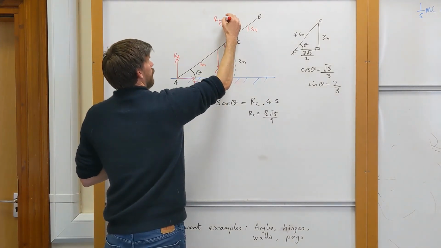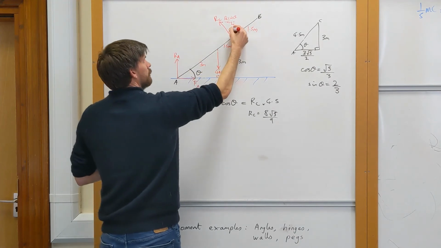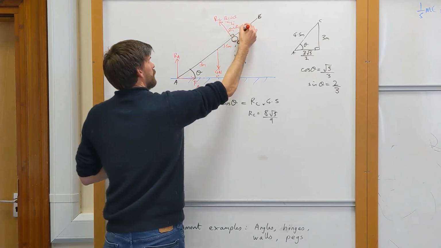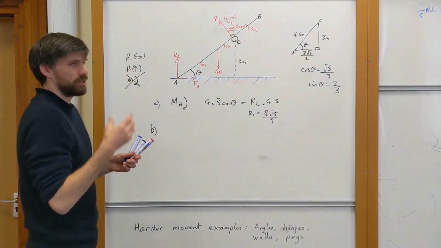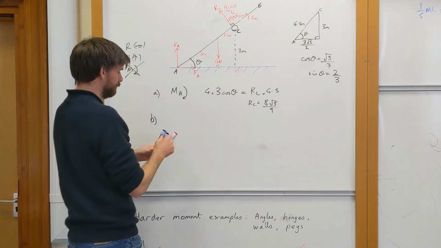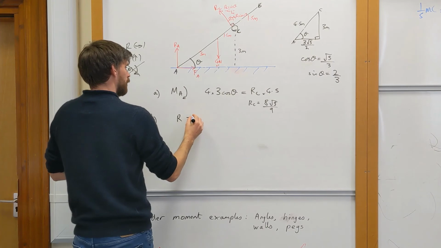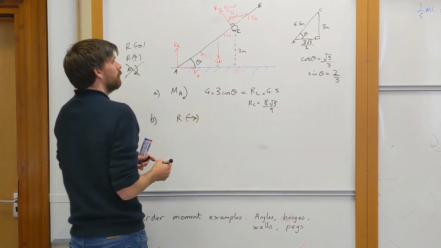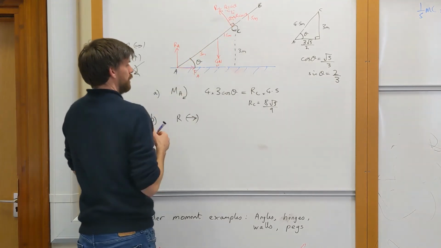So therefore we've got RC sine theta pointing left, RC cos theta pointing up. Okay, so again, this resolving forces work, it comes up again and again and again. So therefore, if I start now, let's resolve horizontally. Well, horizontal forces is this friction at A and this RC sine theta.